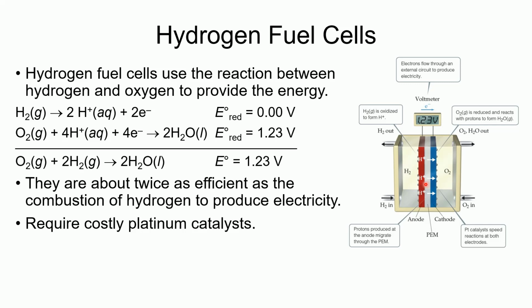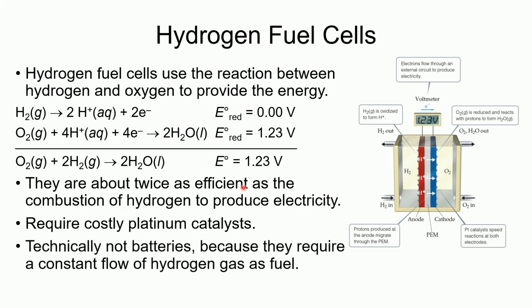However, for very remote uses, like perhaps on the International Space Station or some other satellite that's going to be in space for a long time, this kind of thing makes sense, because you can regenerate the hydrogen using solar cells, and so it is a little bit different.